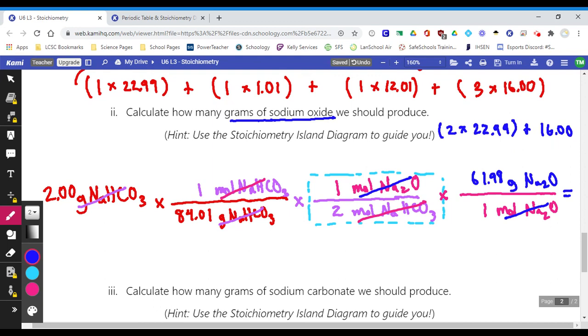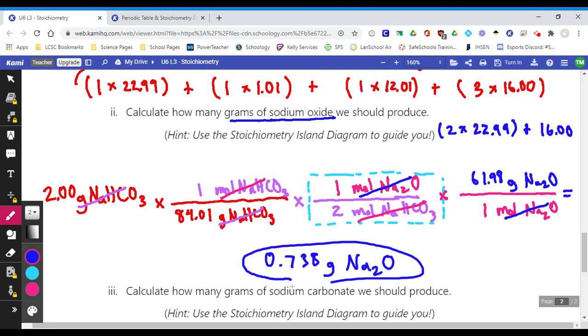So I'm going to take 2 times 1 divided by 84.01 times 1 divided by 2 times 61.98 divided by 1. What I get is 0.738-ish grams of Na2O. And that is my answer.